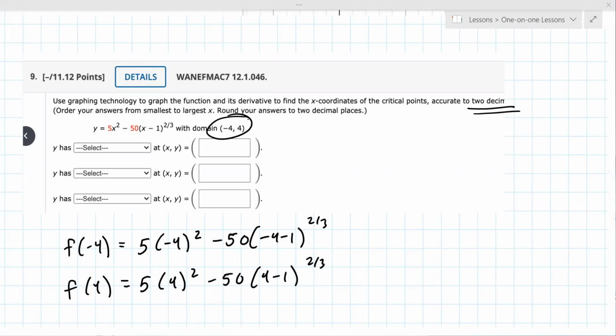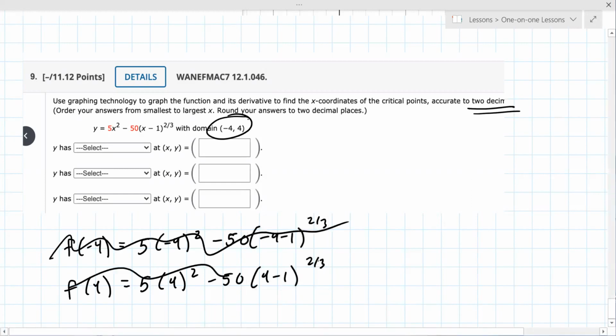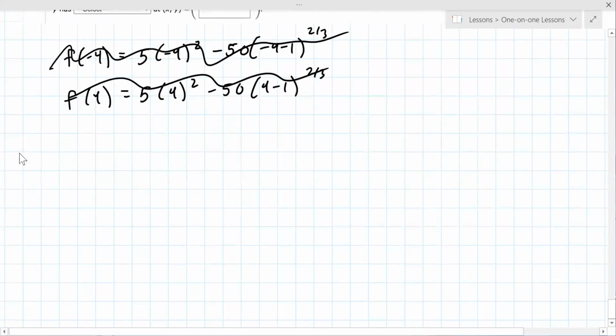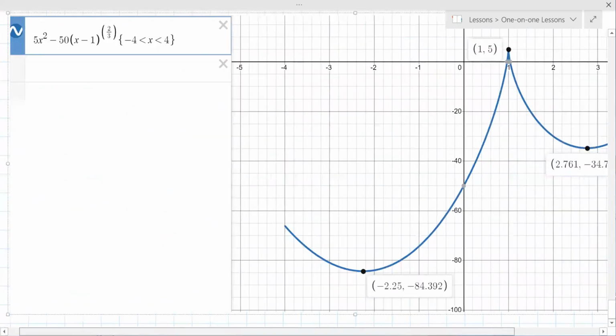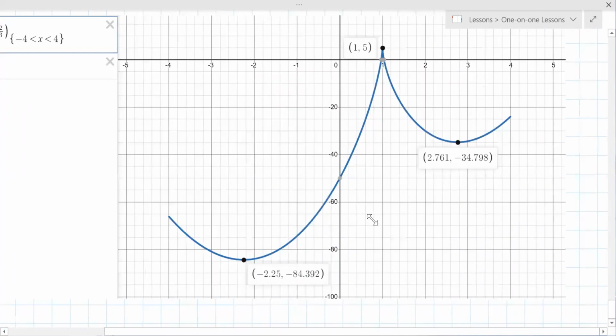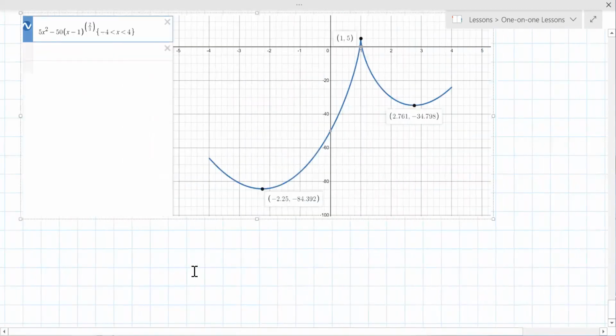What I find with most students is getting the correct window is hard. So this is not correct because the endpoints are not included. So you don't actually check the endpoints when it's an open interval like that with parentheses. So my mistake for jumping in there with that.